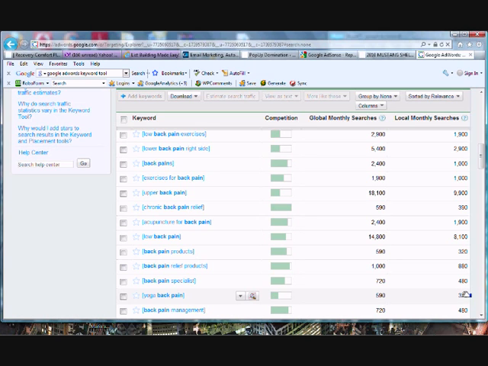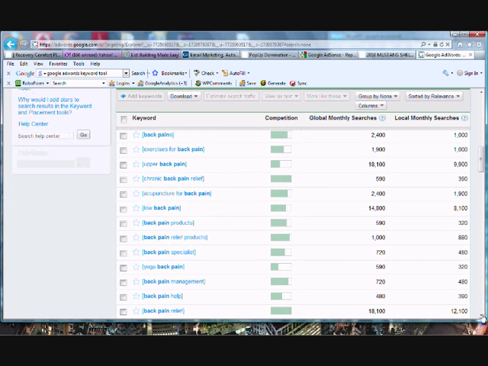There's not a lot of work needed for many of these keywords, because most internet marketers or SEO folks are put off by these low numbers, so they're not going to bother trying to rank for them, or if they do, they'll put in only a little effort. So to outrank almost everybody else, it's not going to take too much work, too much time, or much investment in terms of money.